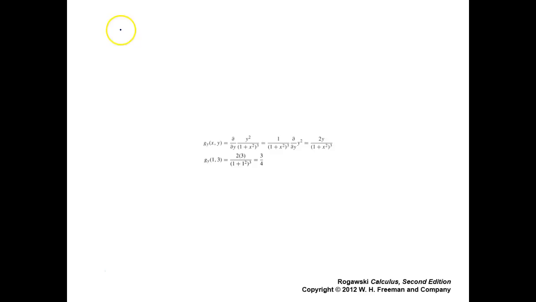Calculate F sub z evaluated at 0, 0, 1, 1.